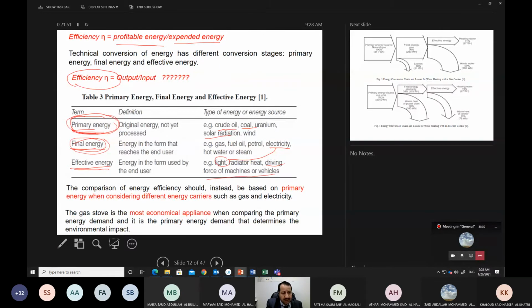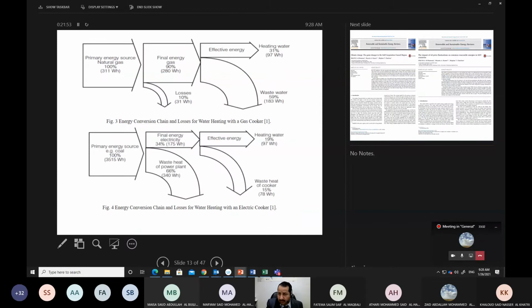Now, still with the same example of heating water, 1 kilogram of water. Here I try to give an example using a natural gas source at home to heat the water to get the 97 watt hour, or I will use coal.